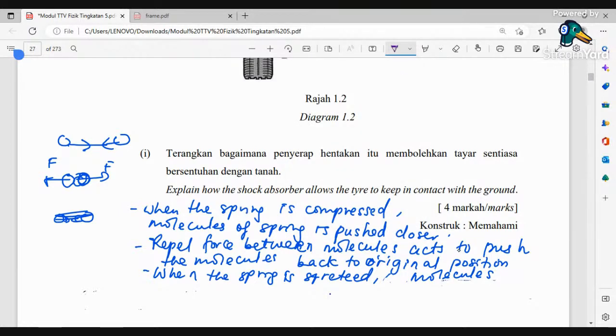Molecules are pushed further from each other.